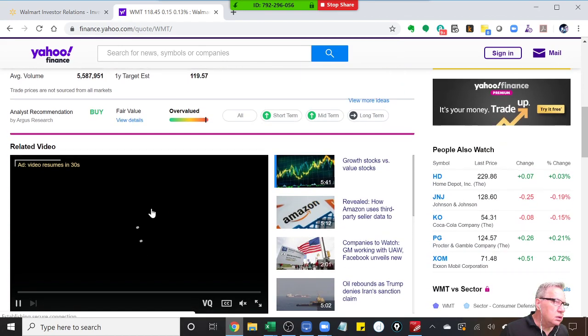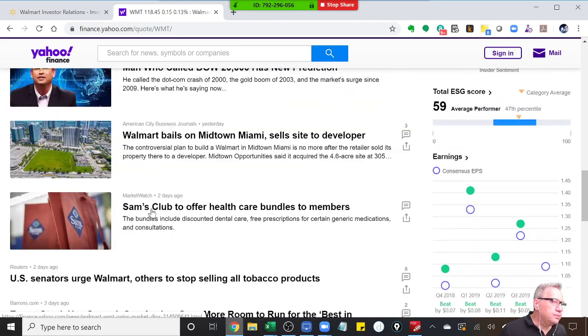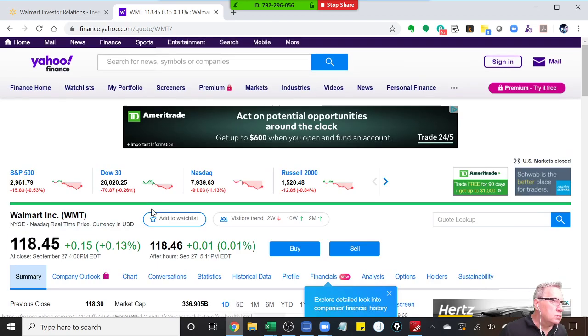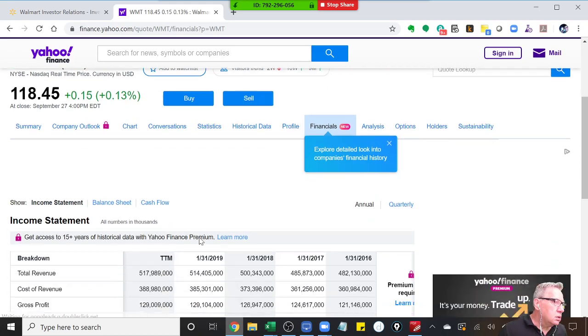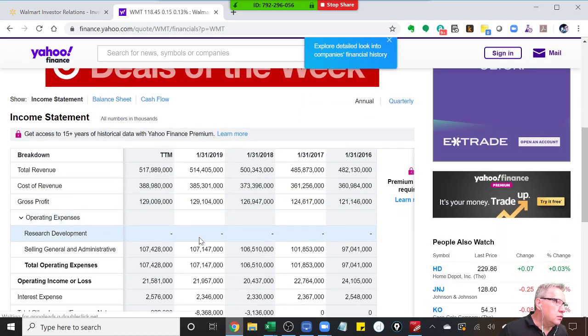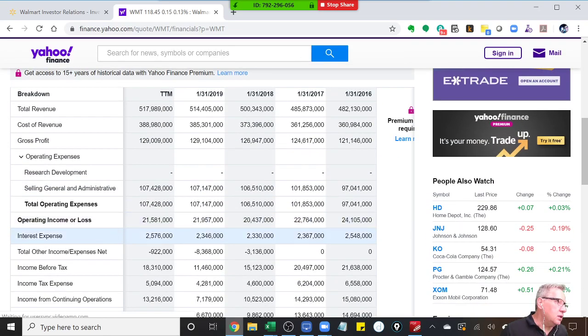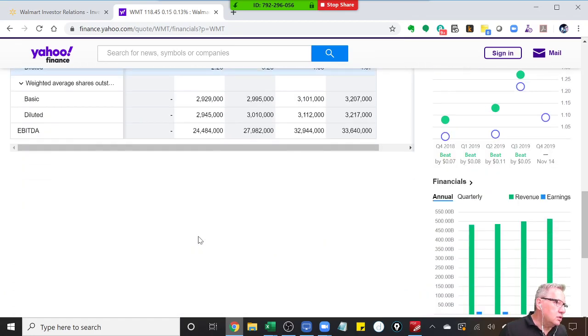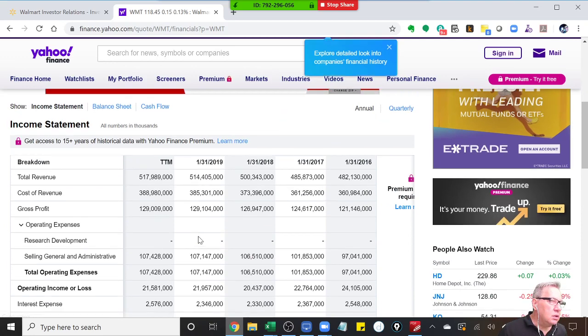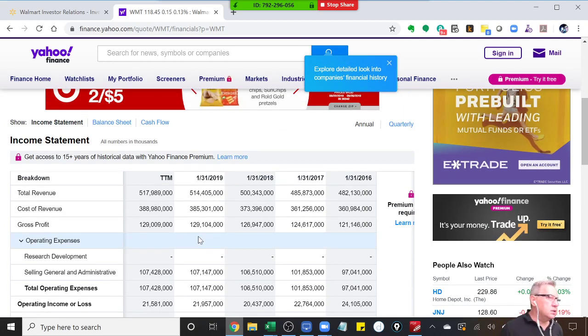I used to think. Financials. Should we look in there? Total revenue, cost of revenue. By the way, if you wanted, you could get the numbers from here too. If you didn't want to hunt and peck around, nothing to stop you doing that. Sometimes you could do a quick analysis.